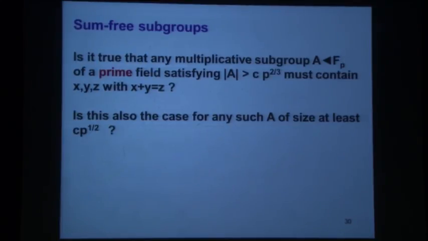There are some conjectures of Montgomery and Vaughan and Wooley, and they would give p to the 2/3. So this should be true for any field, I think. Again, we don't know how to prove it.